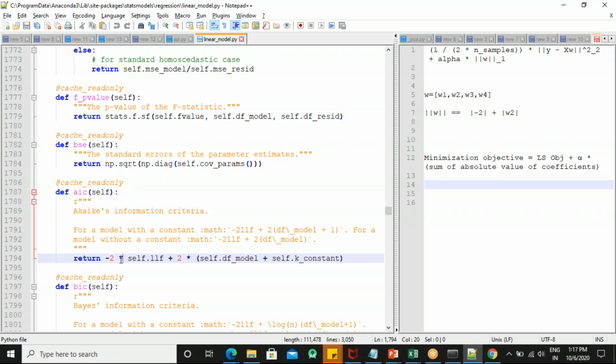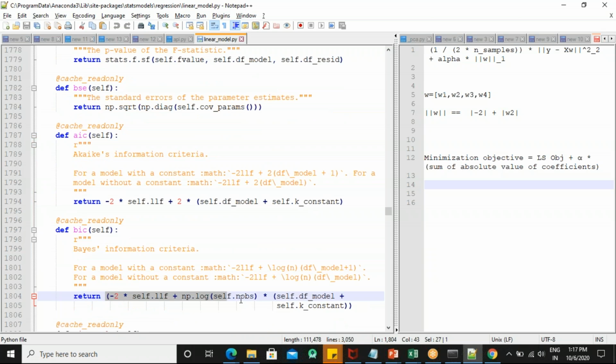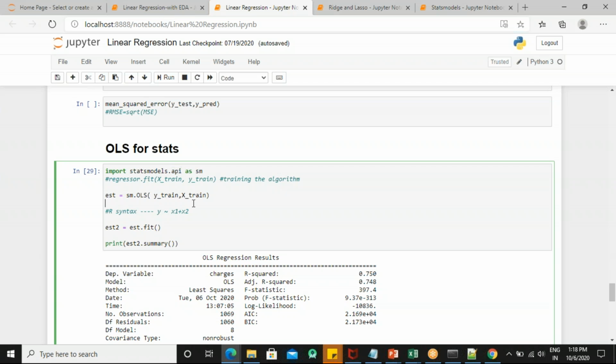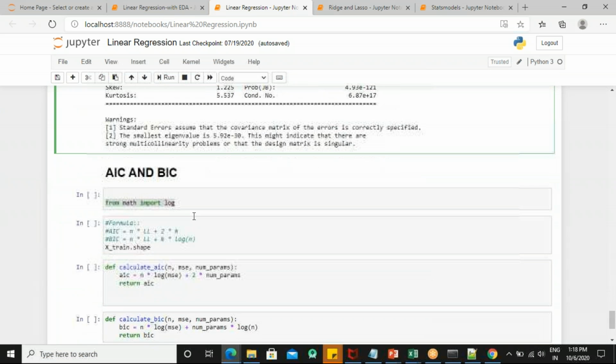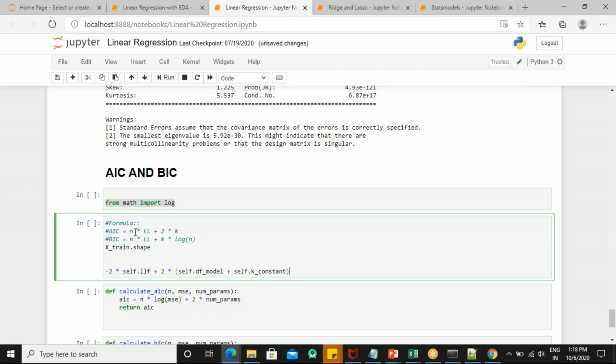Now, what I want to show you guys is there is an AIC method inside this model, and it is returning you this formula. So guys, this is the formula which the model is using to calculate AIC, and similarly it is using another formula for BIC. So you guys can study these to know what is the formula used by the model for AIC BIC.